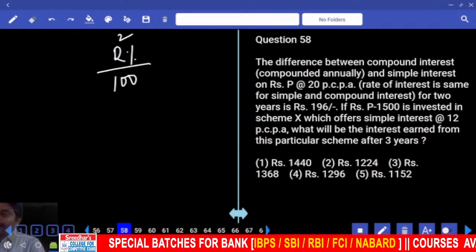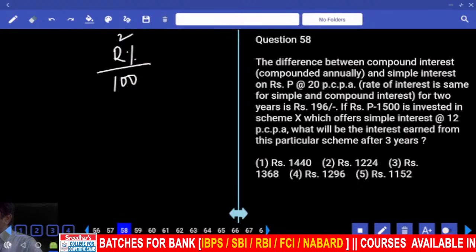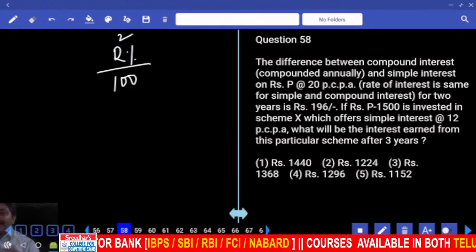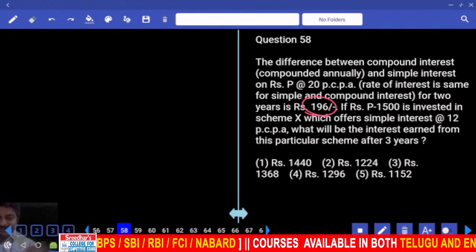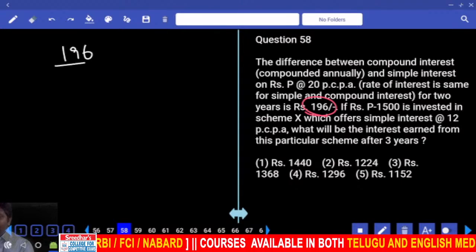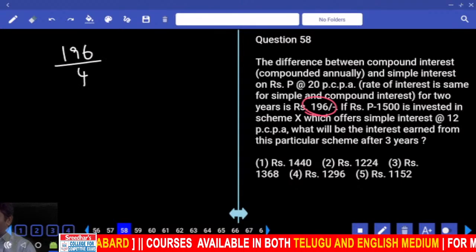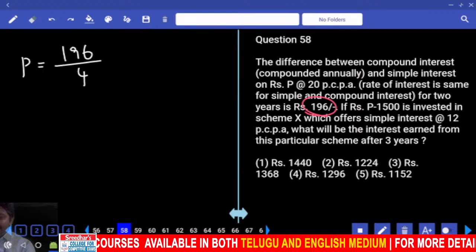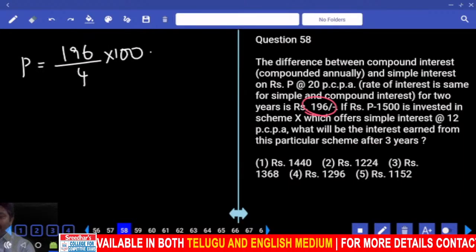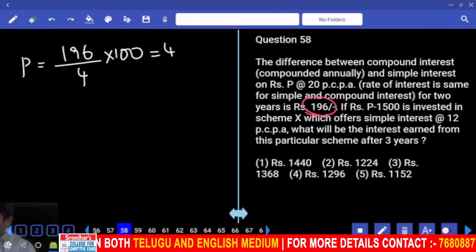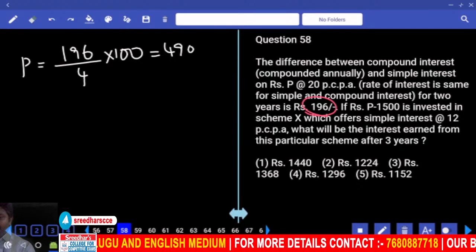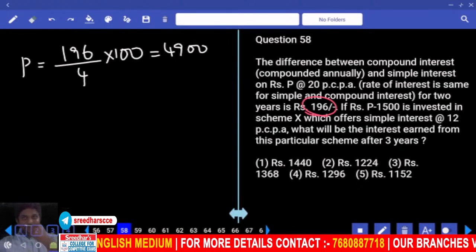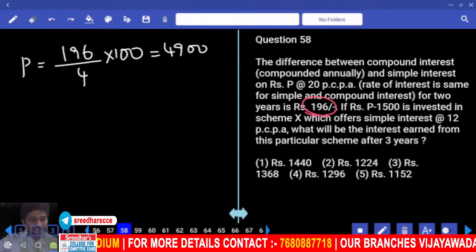What is the R value? 20. 20 square, 400 by 100. That means this difference 196 is equal to 4%. 1% value is 49, and principal is 100% into 100, 49 times 100. Then principal is 4,900. Is it clear?